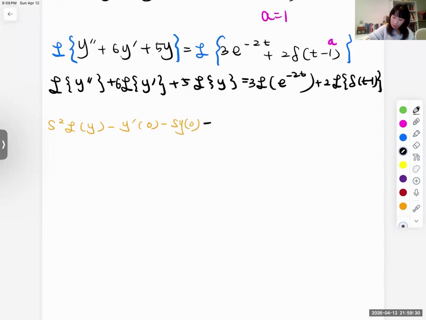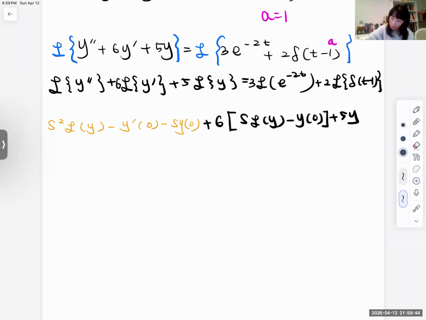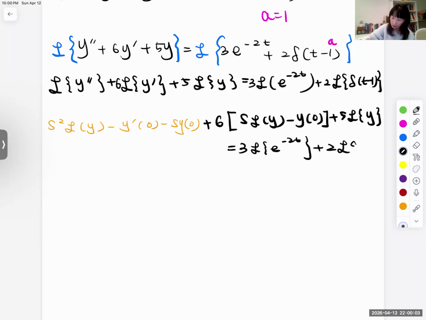So there will be plus 6 times s Laplace of y minus y of 0, right? And plus 5 Laplace of y, right? Equal to 3. Let me write out everything, yeah? And then we convert everything later.